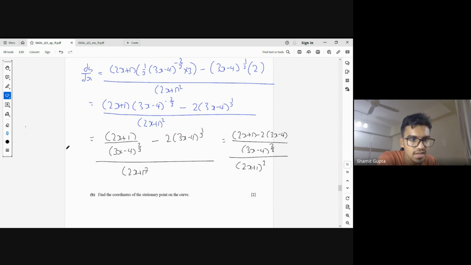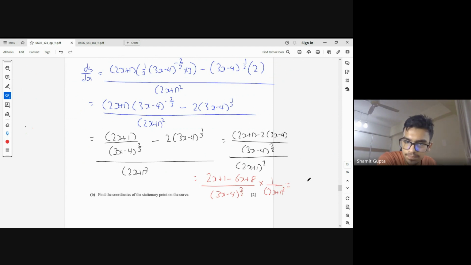Now you can think of this as, again, I'll change the color to red. I'll expand the numerator: 2x plus 1 minus 6x plus 8, over (3x minus 4) to the power 2 over 3, divided by (2x plus 1) squared. Because I have less space, I'm going to write it in one step: 1 over (2x plus 1) squared.